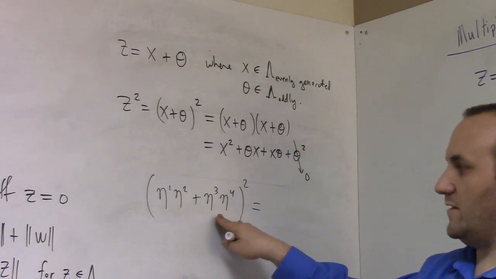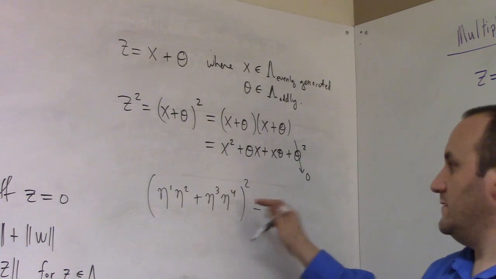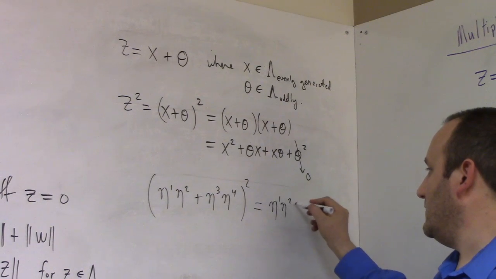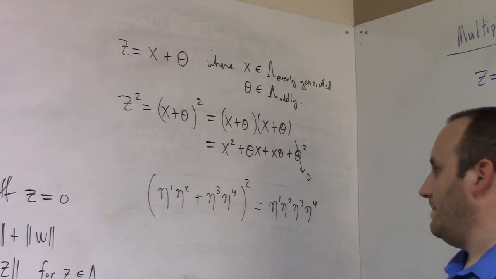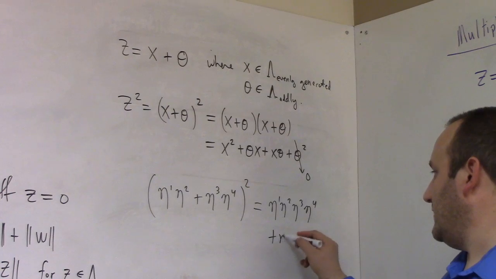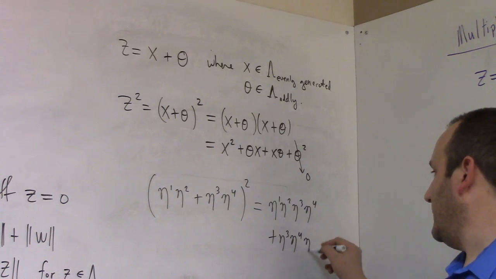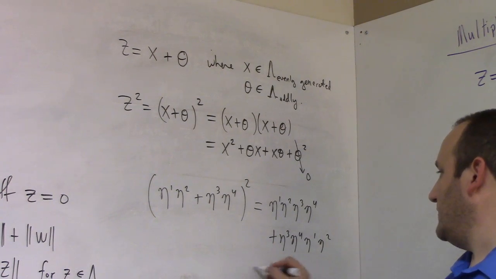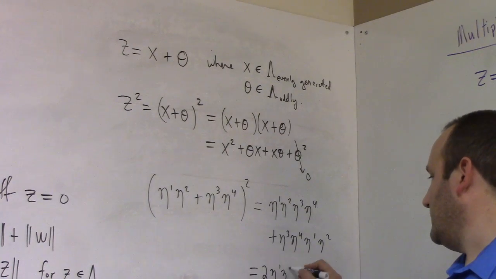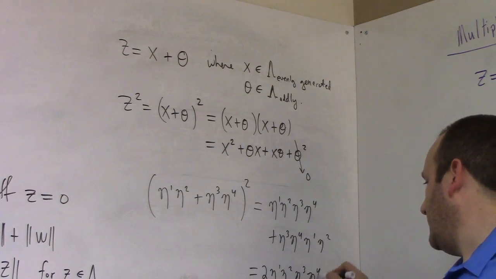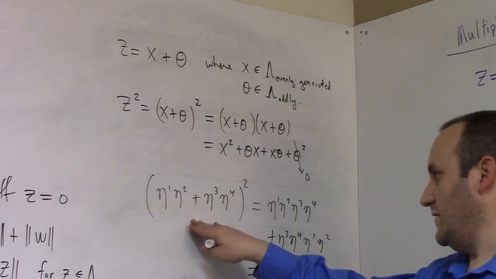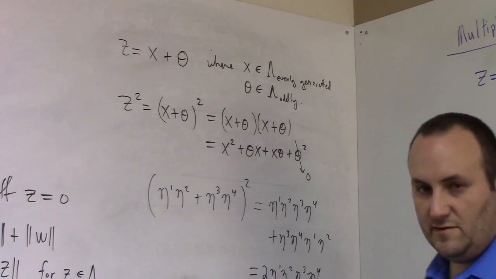Yes, these square to 0, but there's also the eta 1, eta 2, eta 3, eta 4 term. And also the eta 3, eta 4, eta 1, eta 2 term, which leads you to 2 eta 1, eta 2, eta 3, eta 4. As you can see, the square of this even supernumber is not 0.